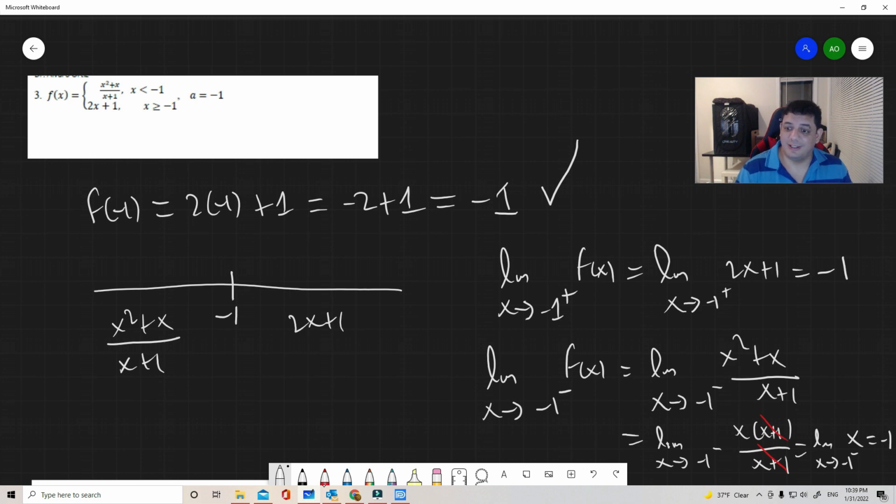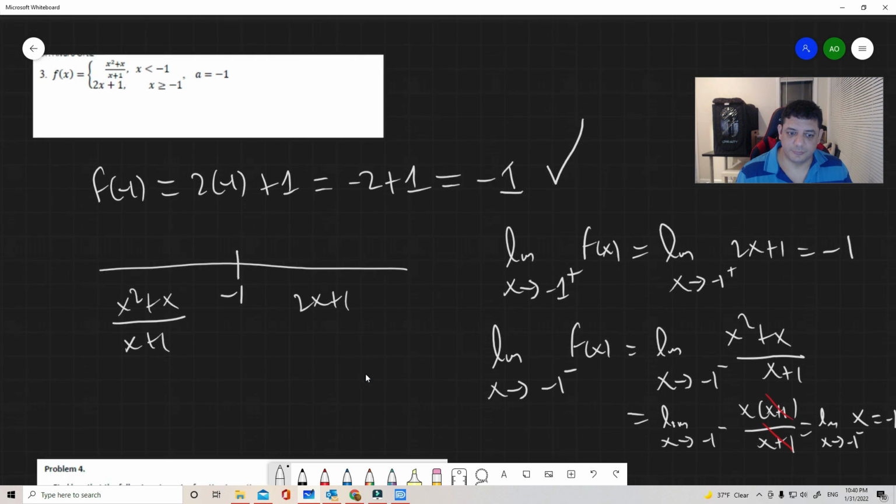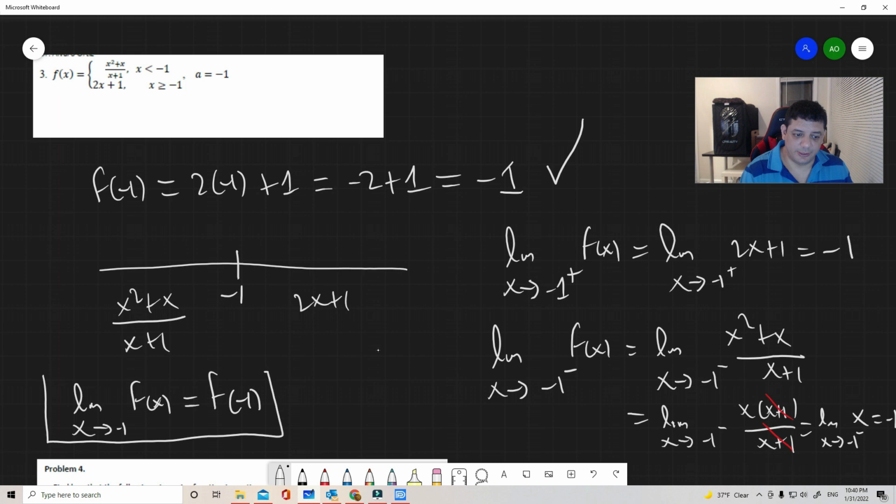So surprisingly, these two things are equal. And so what's going to happen is that the function is the same thing as the limit. So we have that these two things not only exist, but they're equal, so this function is continuous at x equals minus 1, or a equals minus 1.